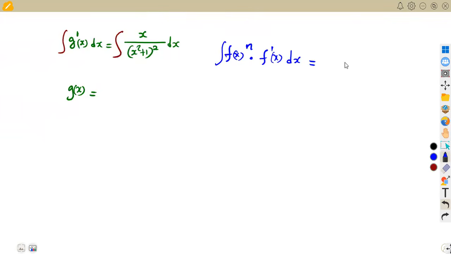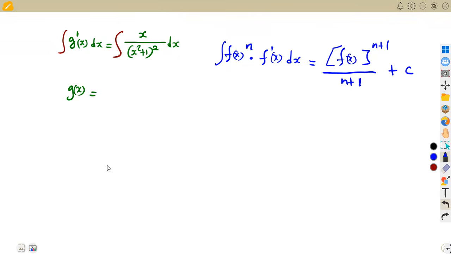It must give us f of x to the exponent of n plus 1 over n plus 1, plus the constant of integration.